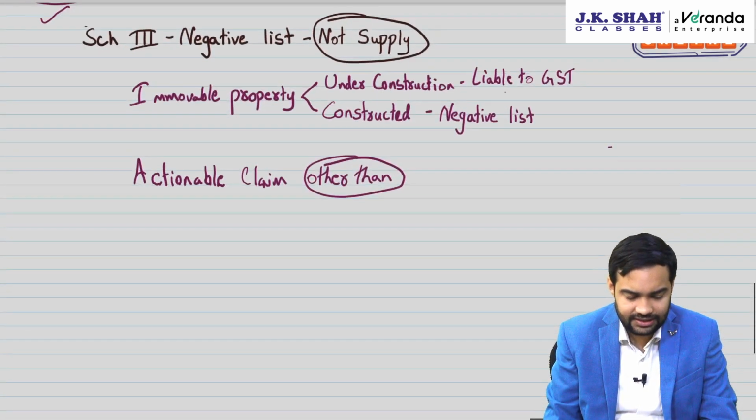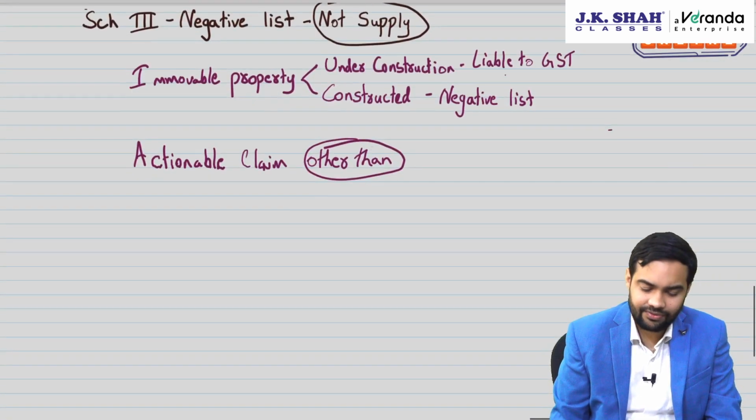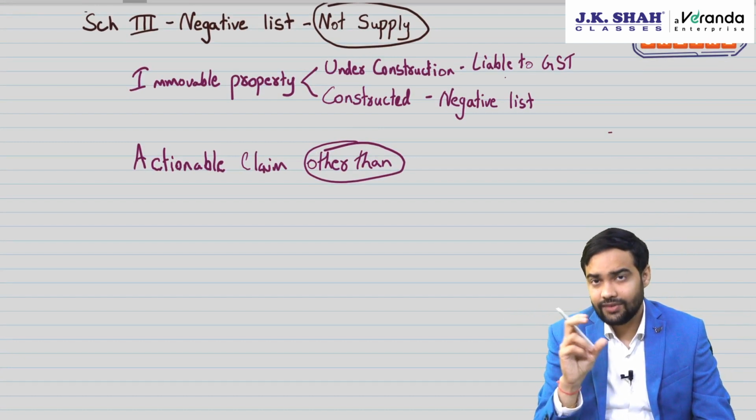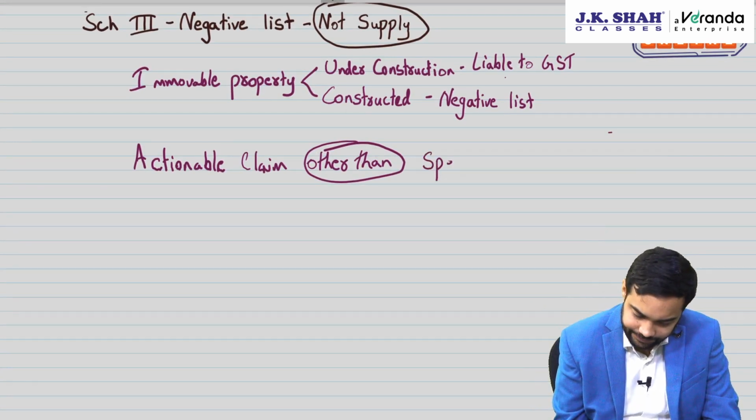But the important segment is other than, because whatever is other than these, that is covered by negative list, but whatever we are going to learn now is liable. It says other than specified actionable claim.